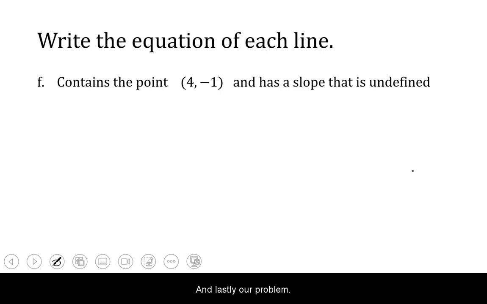And lastly, our problem F. So it's telling us it contains the point (4, -1) and has a slope that is undefined. So if you recall, an undefined slope is a vertical line.